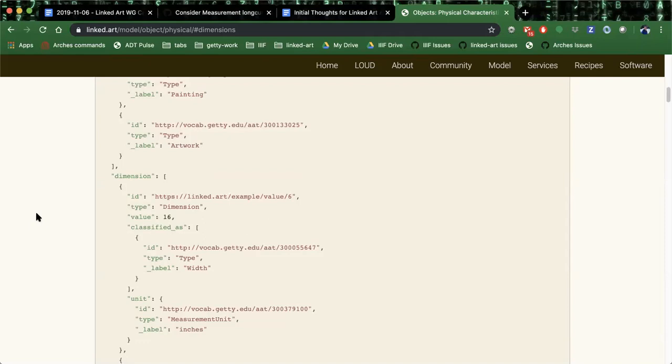David, is this something that you've encountered at the NGA? I know that you've done quite some implementation work. Yeah. We haven't looked too much into the conservation data. A lot of our measurements tend to fall into fairly general categories.